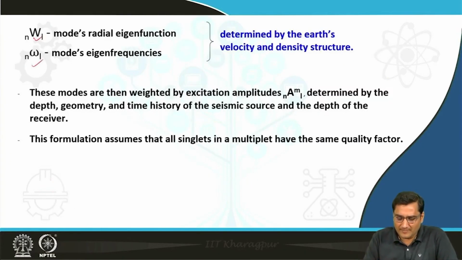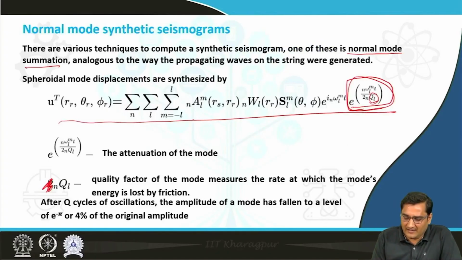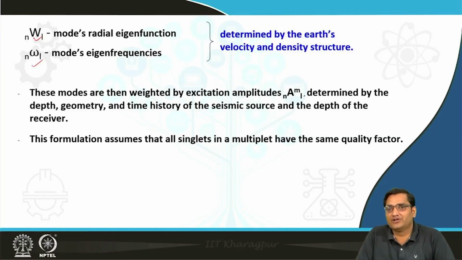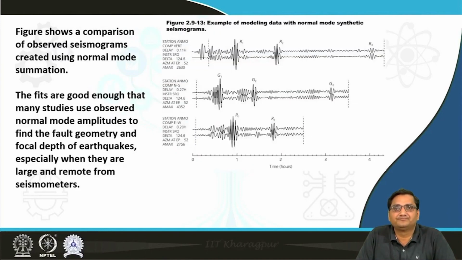These modes are weighted by the excitation magnitude, that is A. The value of A can be determined by the depth, geometry, and time history of the seismic source and the depth of the receiver. This formulation assumes that all singlets in a multiplet have the same quality factor.